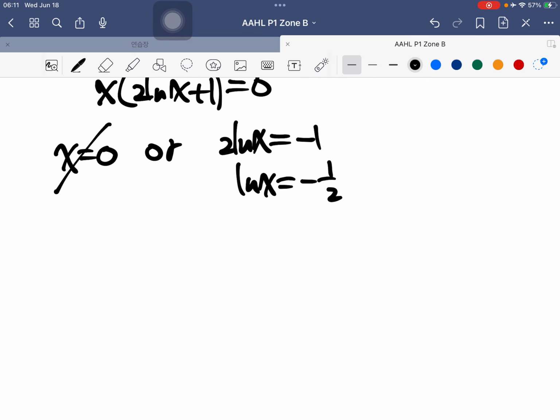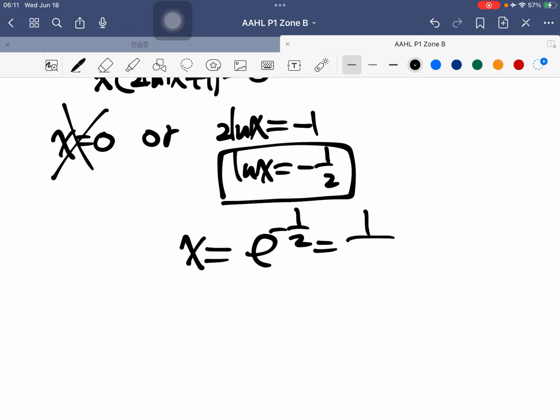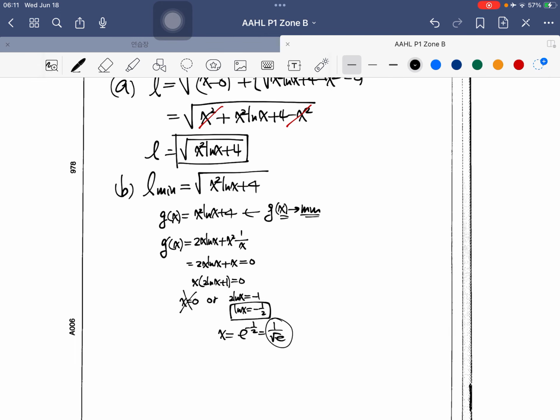So the answer should be x equals e to the negative 1 over 2, which is 1 over square root of e. This must be the point where the distance is the minimum.